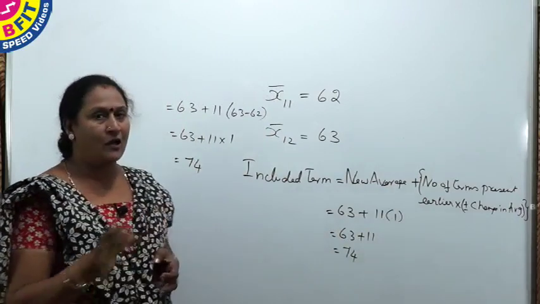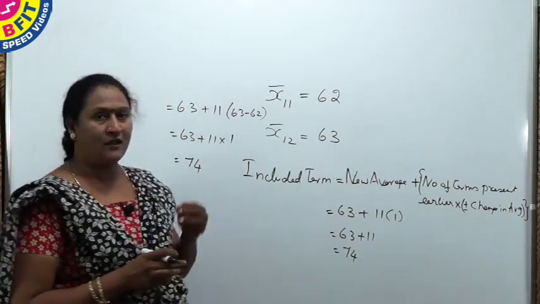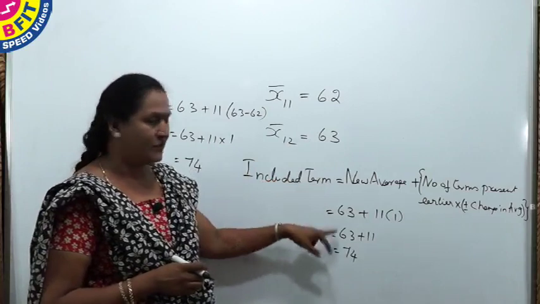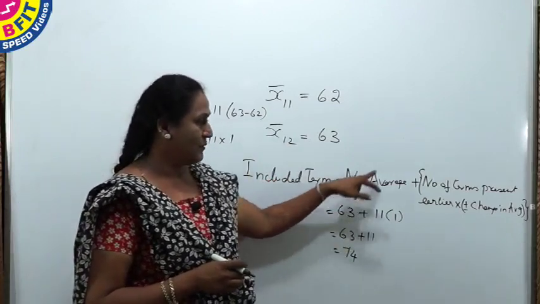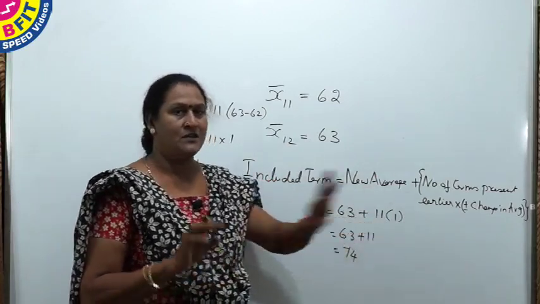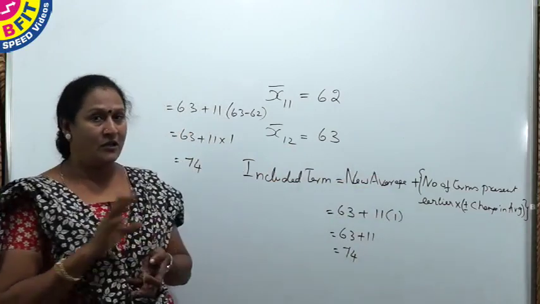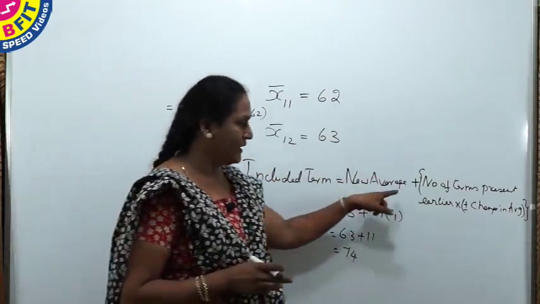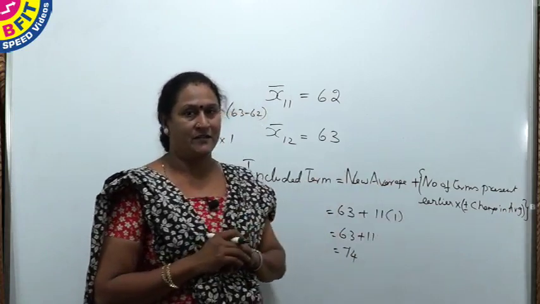So now, avoiding all this working, you can find the included term by just adding the new average plus the number of terms present earlier into the change in average. Whenever you are including a term, remember that you have to add this expression.